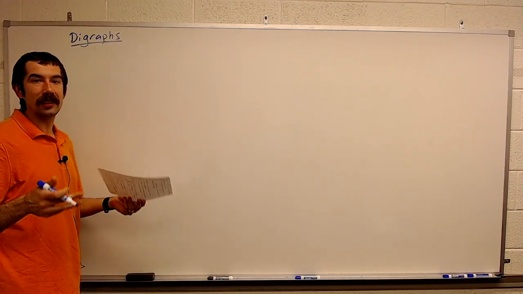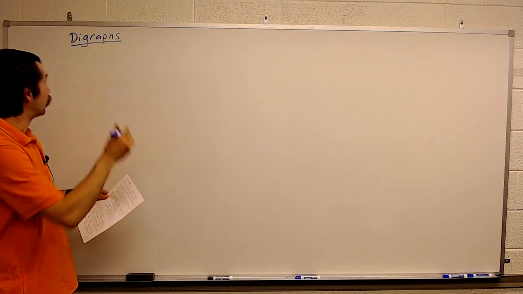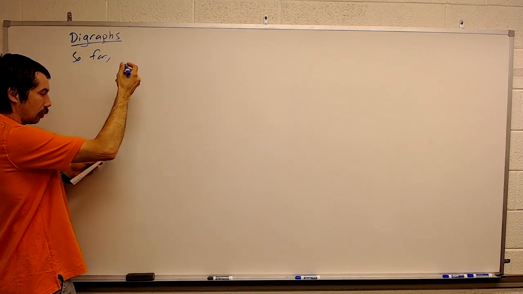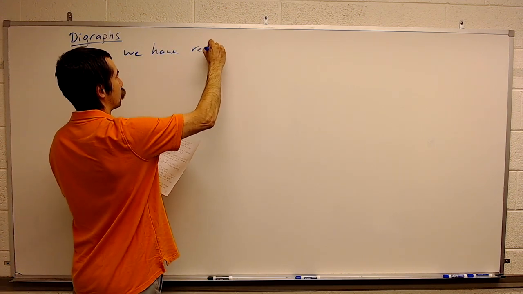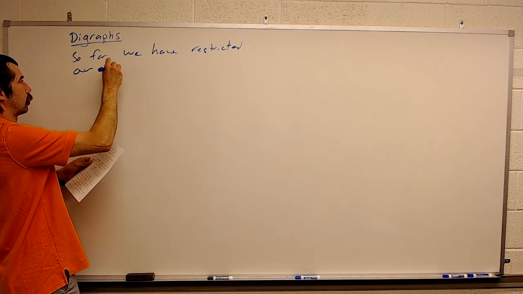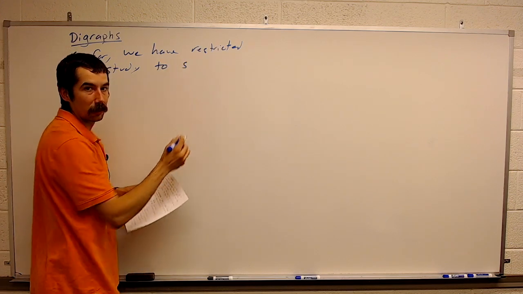Okay, so before we get to defining what a digraph is, let me give you a little bit of motivation. So far, we have restricted our study to symmetric relations.